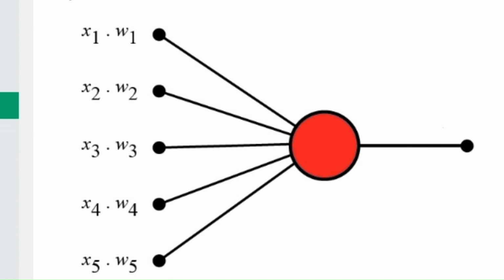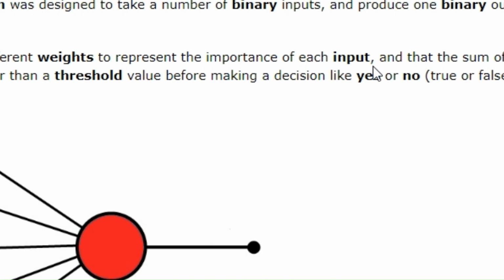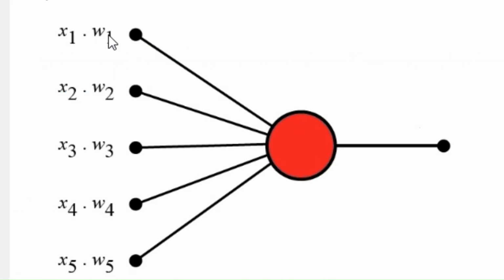The idea was to use different weights to represent the importance of each input. W1 is the weight for X1 input, W2 the weight for X2 input, W3 the weight for X3 input, and so on.